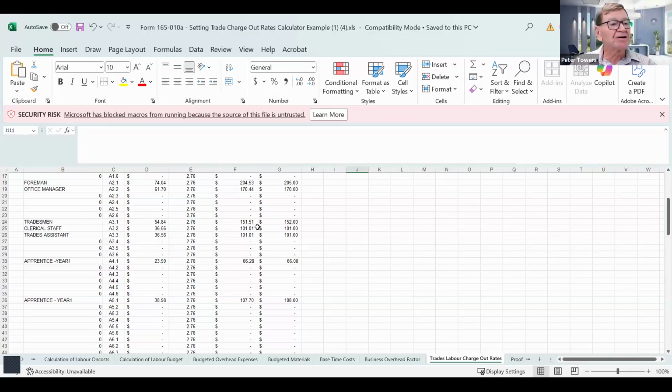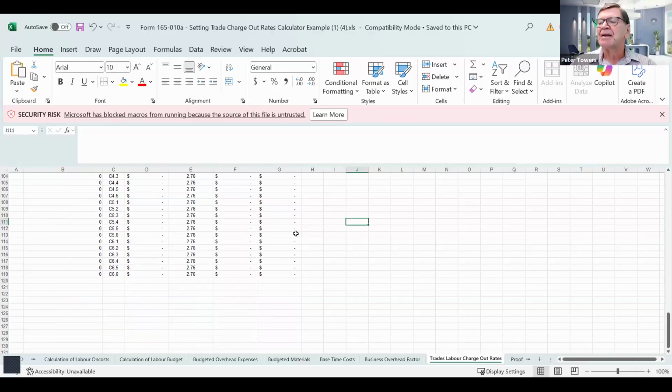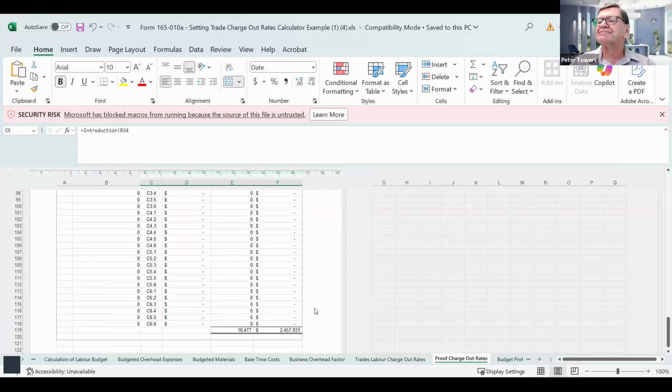Calculated at $151.51. We're charging at $152, and that's basically the variation that you'll see in a moment. So we've got those factors, and we can then look at the proof.